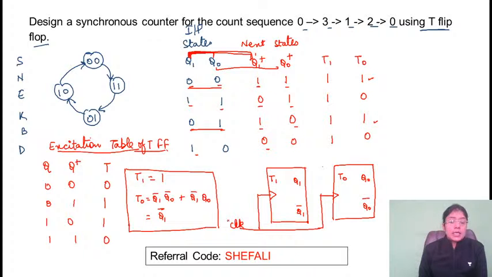Minimization आपको minimized equation return करनी आती है. So I'm not going into much detail of the minimization. So what is T1? Input for T1 is always 1 and for T0 it is Q1 complement. It is Q1 complement.